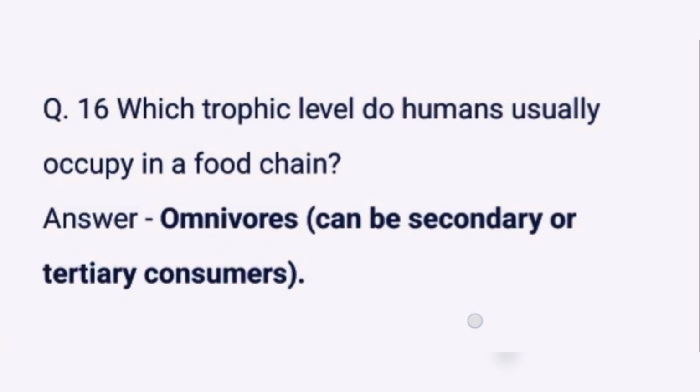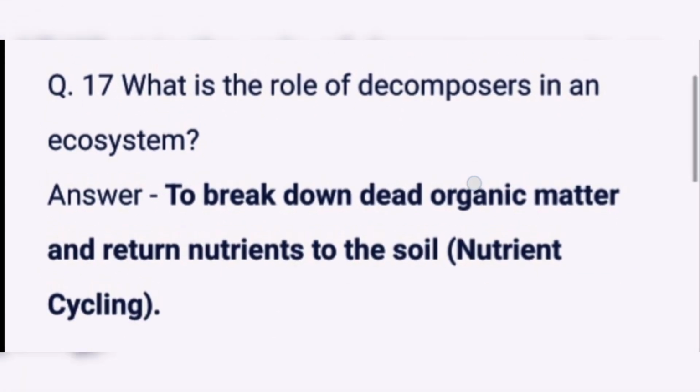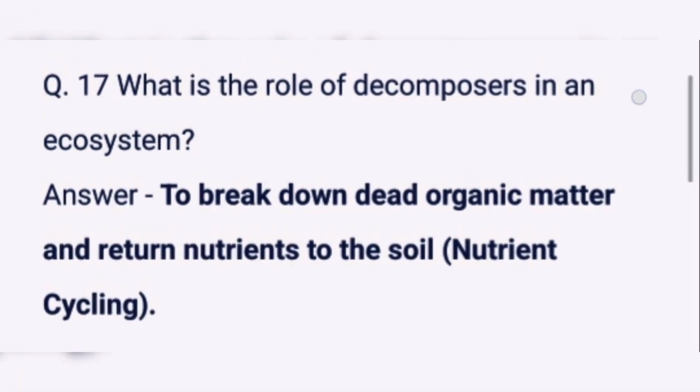Which trophic level do humans usually occupy in a food chain? Answer is omnivores. Can be secondary or tertiary consumers. What is the role of decomposers in an ecosystem? Answer is to break down dead organic matter and return nutrients to the soil nutrient cycle.